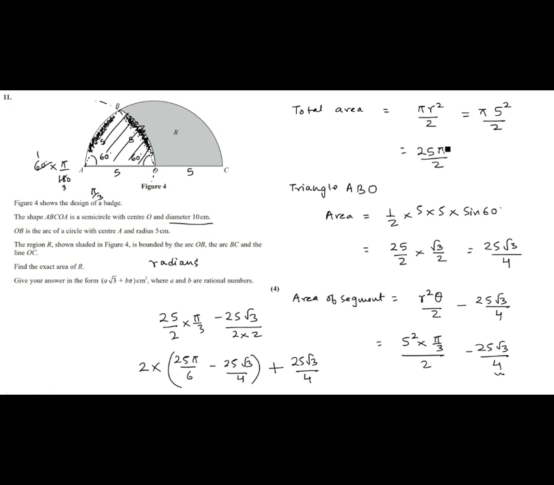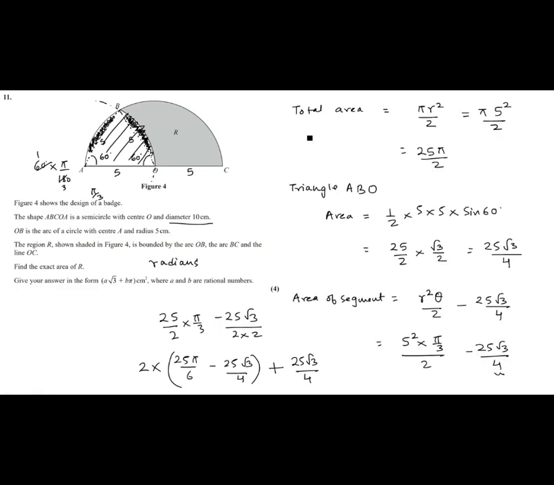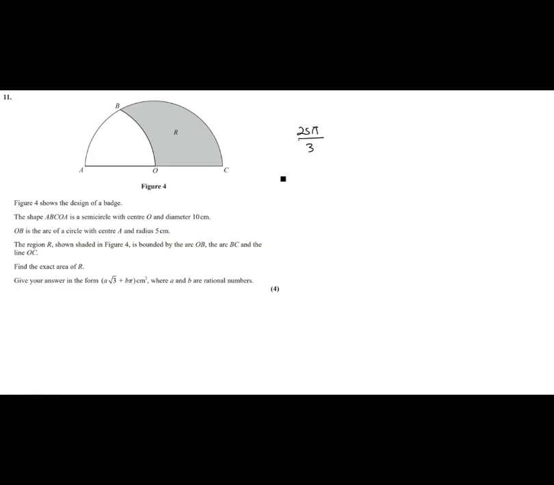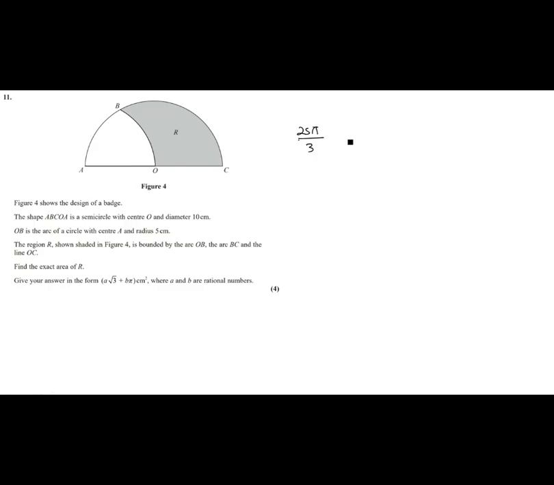Now we know that the total area of the semicircle is 25 pi over 2. If we subtract this, let's simplify this first. If you multiply by 2, this becomes 25 pi over 3 minus 2 times 25 root 3 over 4, and then we have plus 25 root 3 over 4.